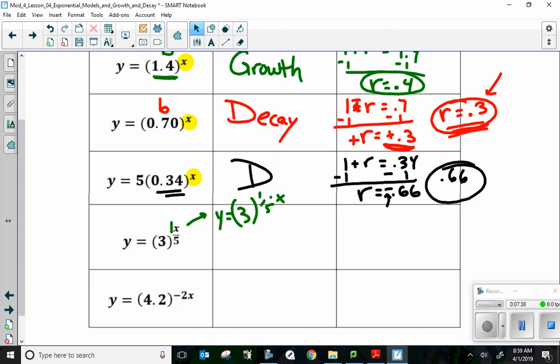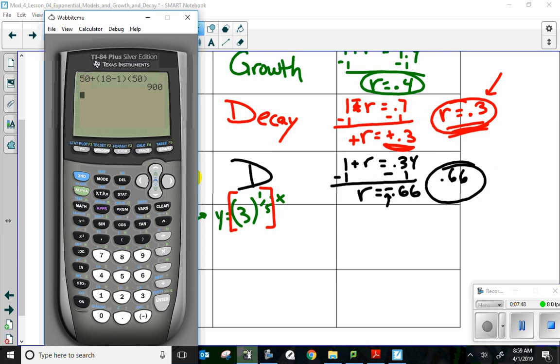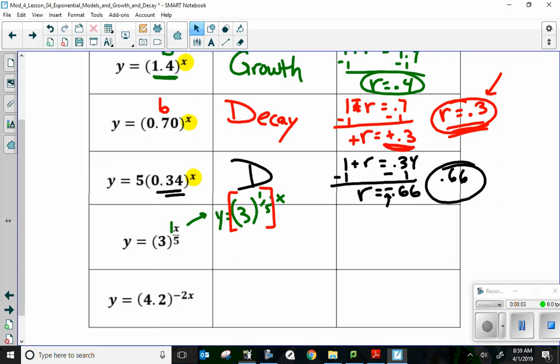What I'm going to do for my b value is evaluate 3 to the 1/5 power. So I'm going to have my calculator, and I'm going to put 3 and raise that to the 1 divided by 5. 1.2457.